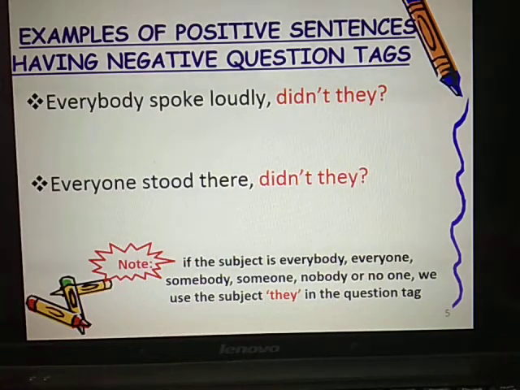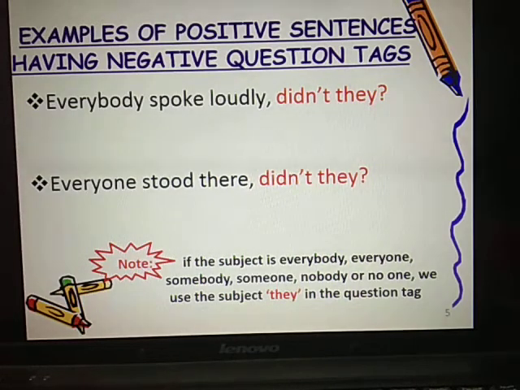Because didn't stands for did not, so not is used in the question tag, and it becomes a negative question tag. Important thing to note: if the subject, about whom we are talking, is like everybody, everyone, somebody, someone, nobody or no one, we use the subject they in the question tag because they are all plural.